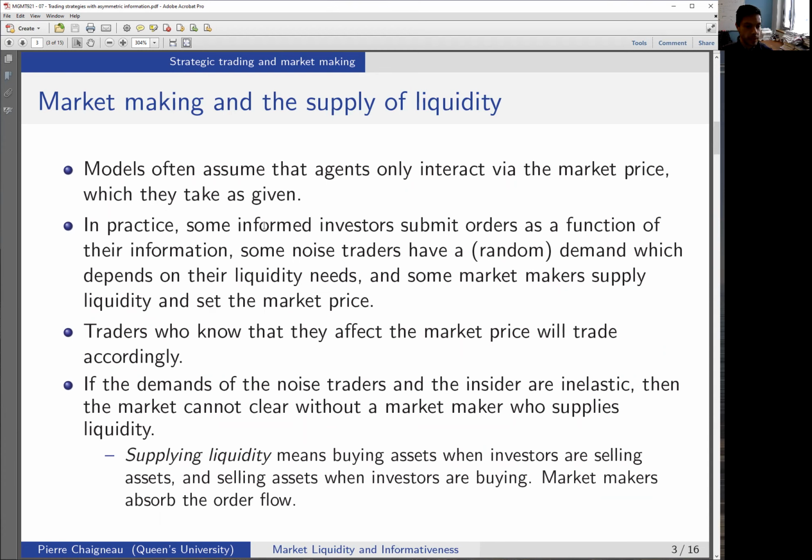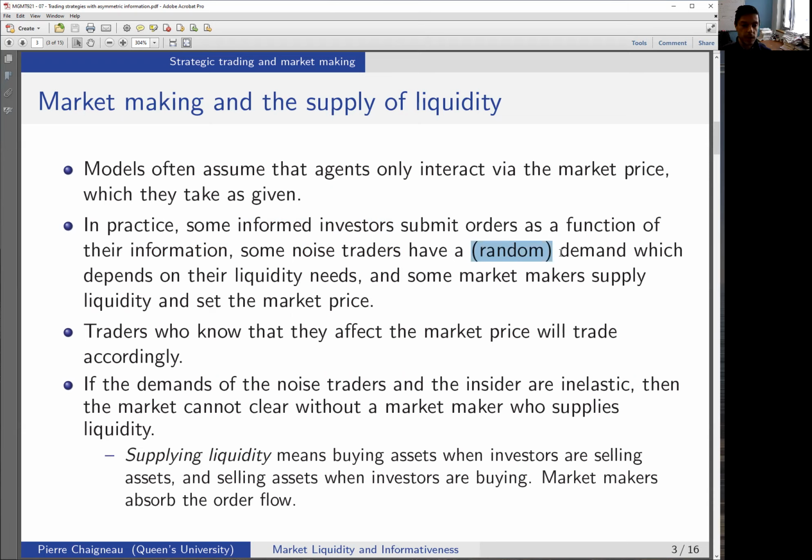So there are going to be some informed investors who are going to trade based on their information. So it's going to be informed trading. But in this type of model, there's also going to be some noise traders, also referred to as liquidity traders, whose demand is not going to be based on information. And so in this sense, it can often simply be viewed as just random demand.